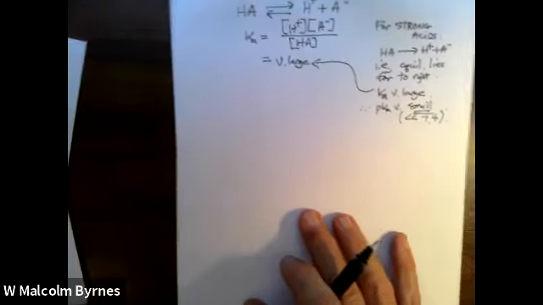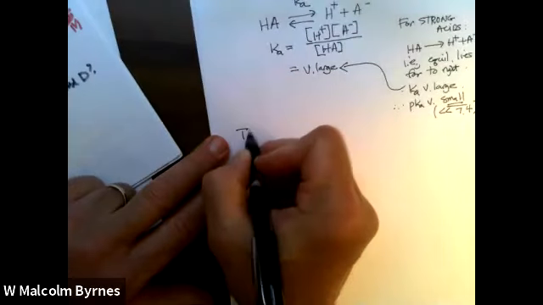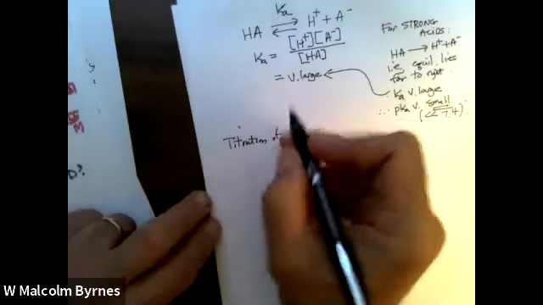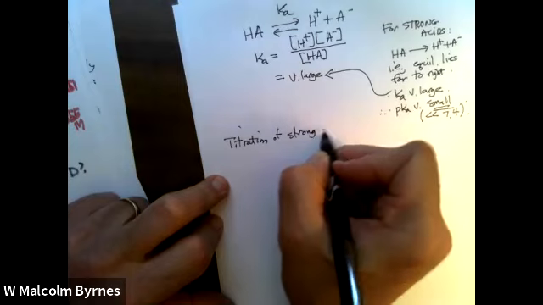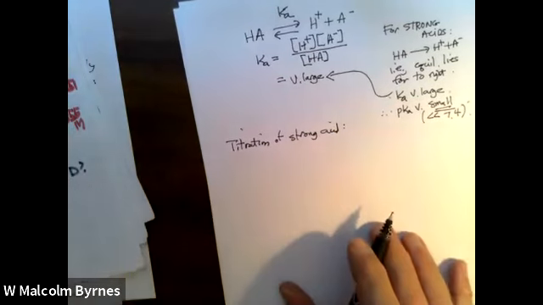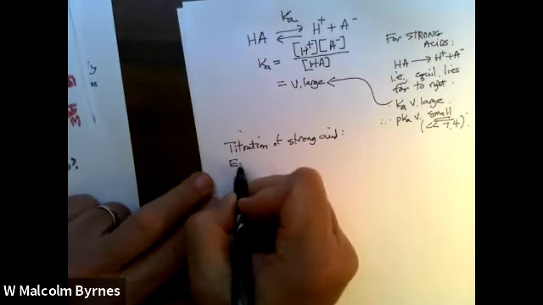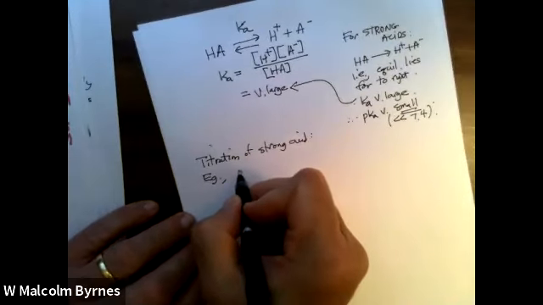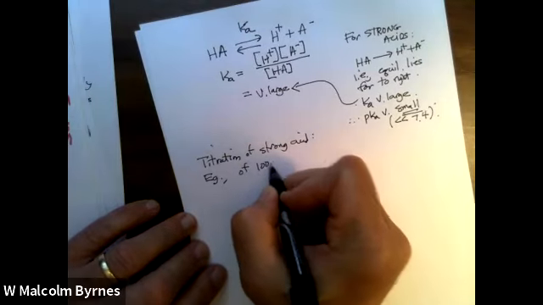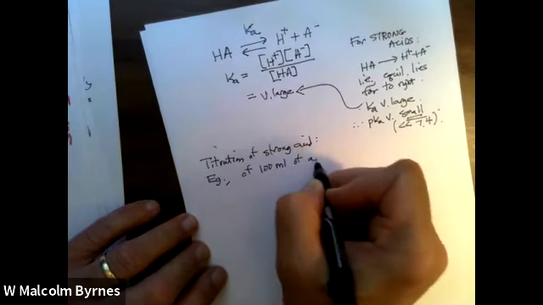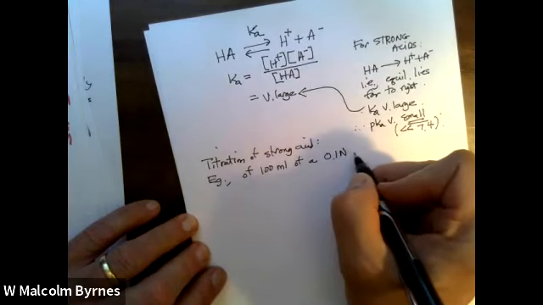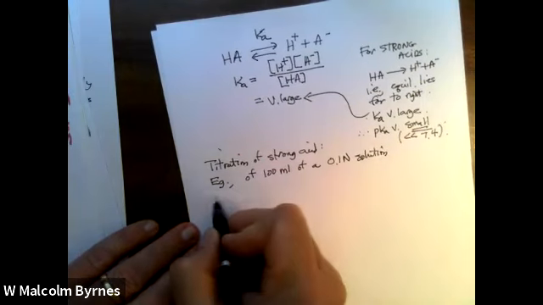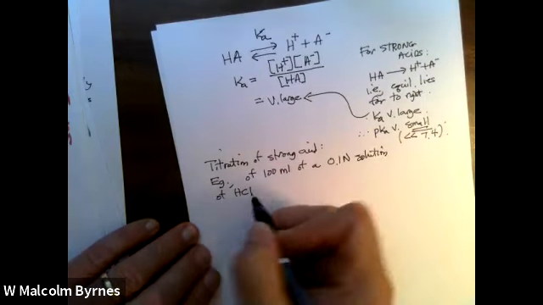All right, so I want to look now at the titration of a strong acid. So for example, let's work a little problem here. Let's look at the titration of 100 milliliters of a 0.1 normal solution of hydrochloric acid, okay?